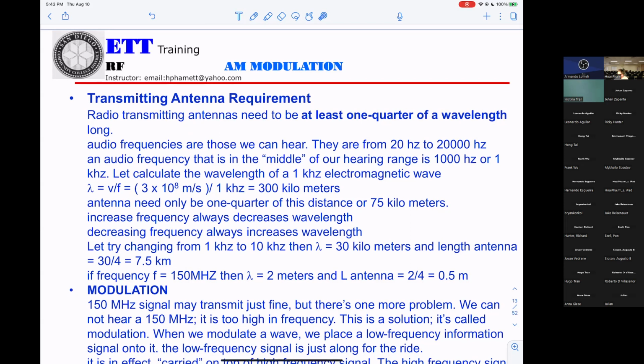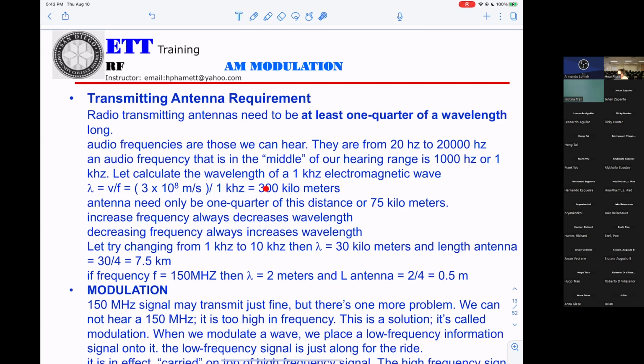Let's calculate the wavelength of a 1 kilohertz electromagnetic wave. Lambda equals V divided by F. You take the speed of light, 3 times 10 to the power 8 meters per second, divided by 1 kilohertz.